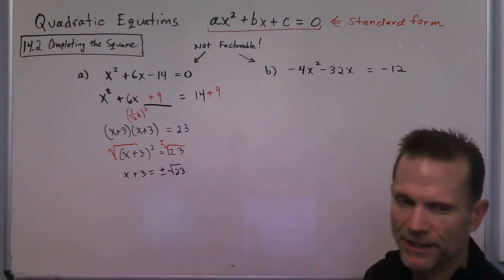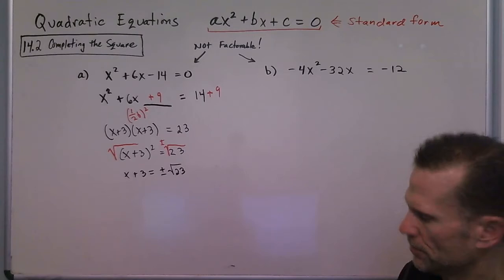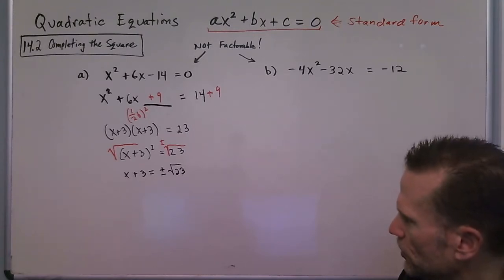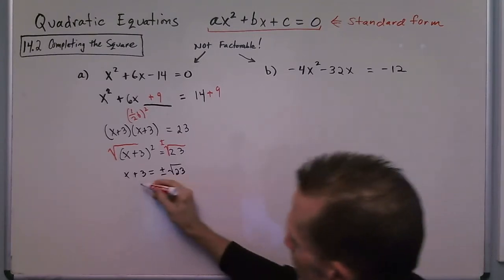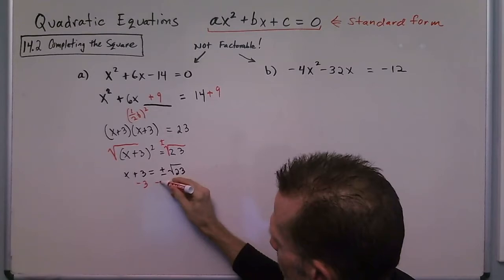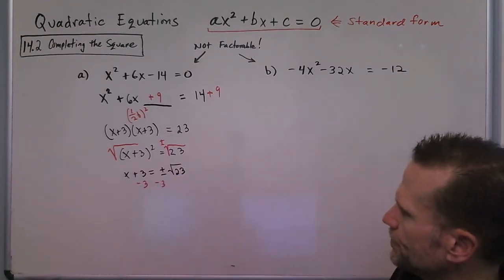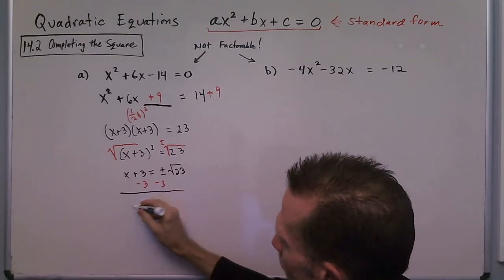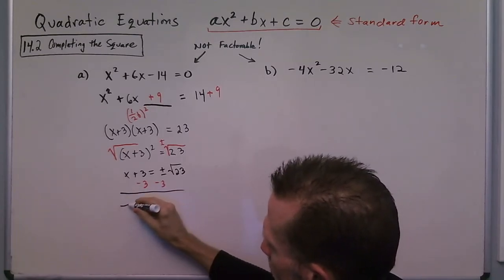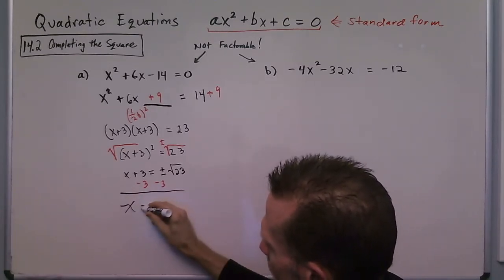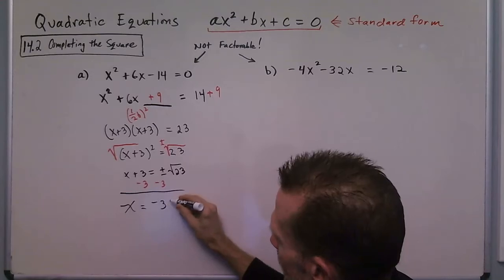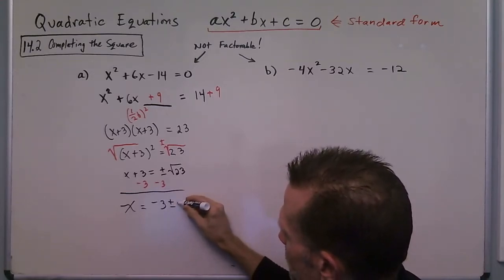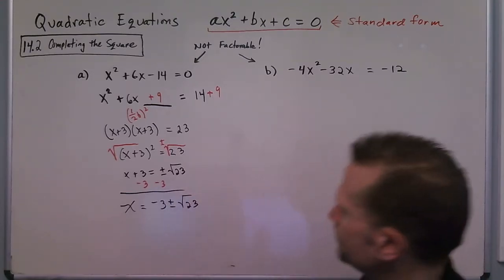We would simplify that square root of 23 if we could, but it's not simplifiable, so we're going to subtract 3 and subtract 3. So we end up getting two answers here. We get x is equal to -3 plus or minus the square root of 23. Okay.